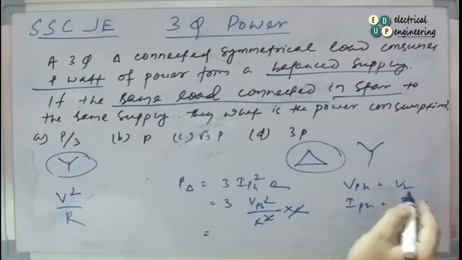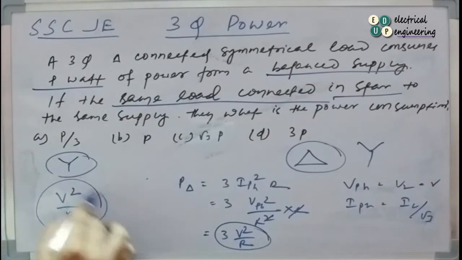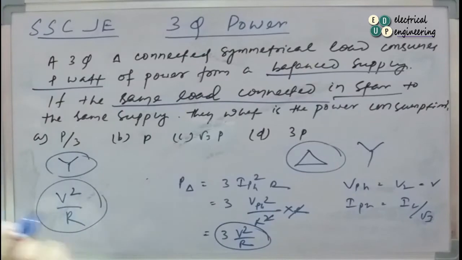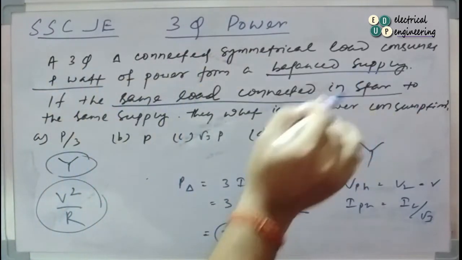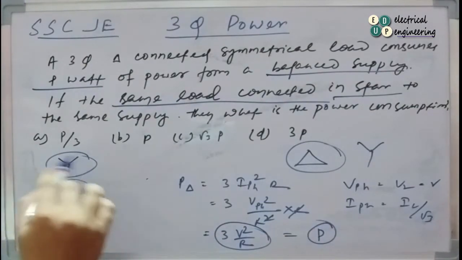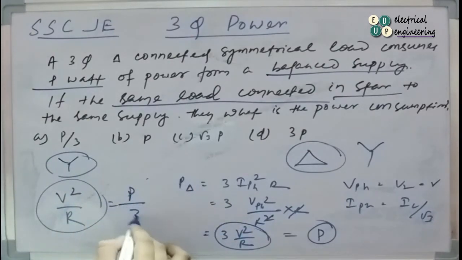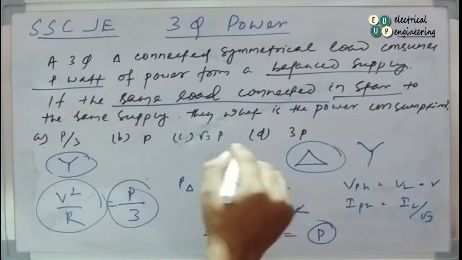And you know V phase equals VL, that is we are taking as V. So it will be 3 V square by R. So this is the power in case of delta, and this one is the power in case of star. So you can clearly see, if I am taking the power of the 3 phase delta connected symmetrical load as P, then in case of star connection you are getting power as P by 3, right? If you divide by 3 here, you will get V square by R. So the answer will be P by 3.